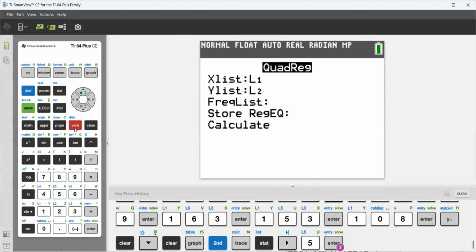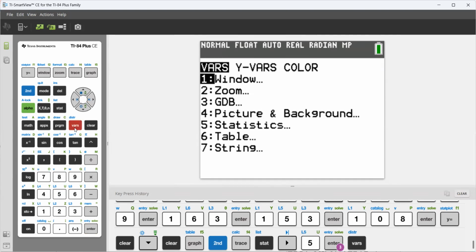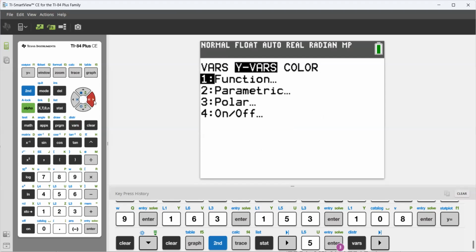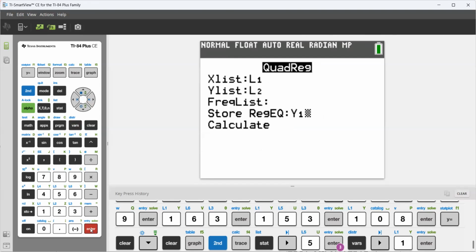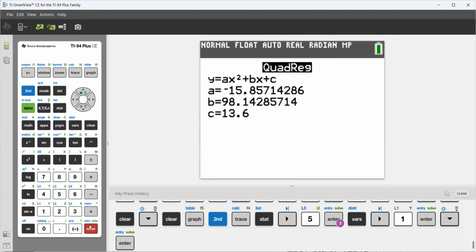Storing this in Y1, I have to go to Y-vars, function, and then say Y1. And then I go to calculate. So I'm going to have my values in Y1. So this is my quadratic regression equation.